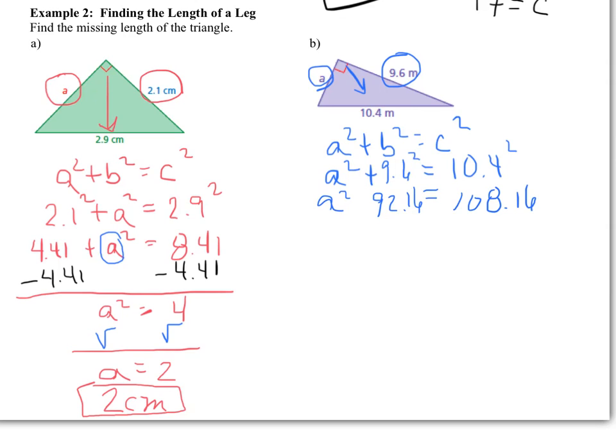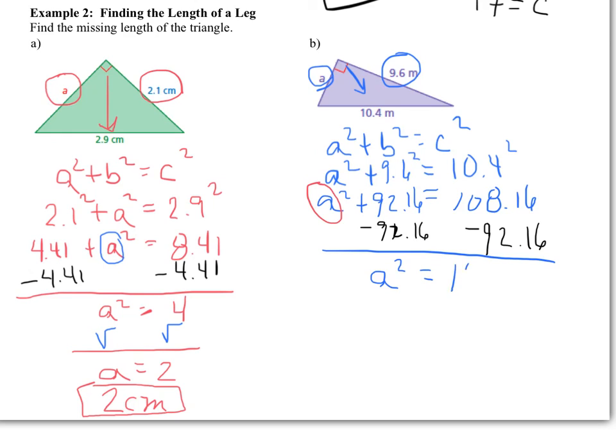We still have just the a squared. Again, we're trying to get this a by itself, so I have to move the 92.16 first. That's going to leave me with a squared and a 16. Then, when I take the square root to get a by itself, that gives me my answer of a equals 4. And again, it has to be smaller than 10.4 for sure. And it is, obviously. So 4 meters.